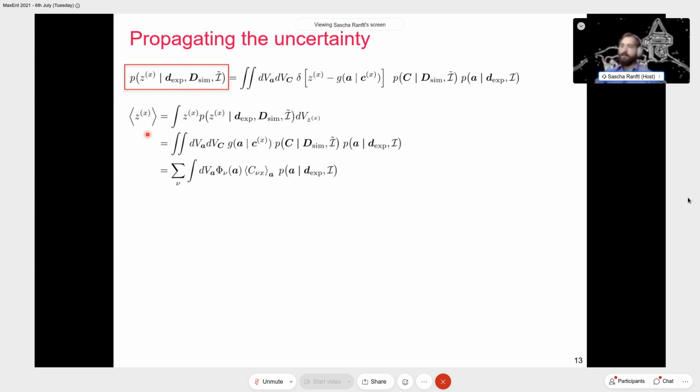So this first line is just a definition of the first moment of Z. And this first expression, this probability for Z here, is just what we had written down before. And we can use this delta functional to integrate with respect to Z.